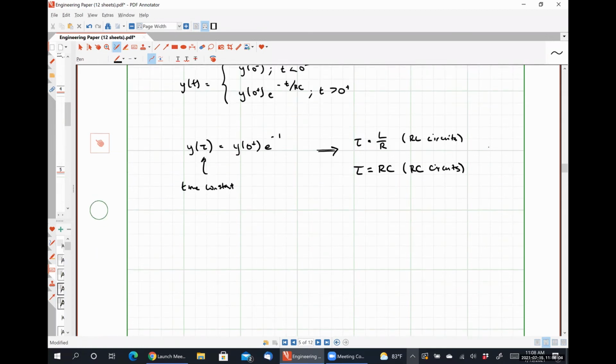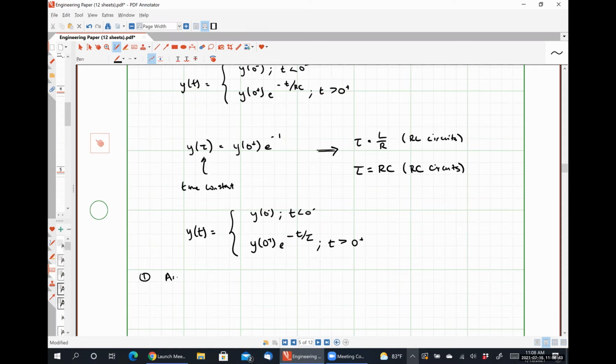And this quantity lets us write a single generic equation, y of t is equal to y at 0 minus for t less than 0 minus, and y at 0 plus e to the negative t divided by tau for t greater than 0 plus, so that we can work any first order transient analysis problem, be it an RL circuit or an RC circuit, using the following 4 steps.